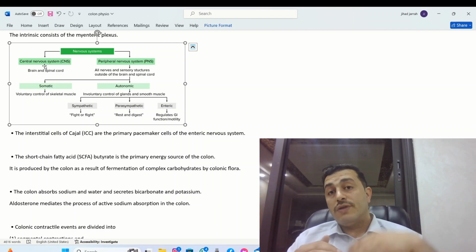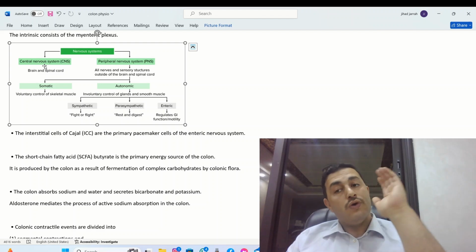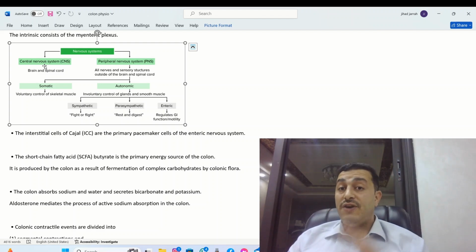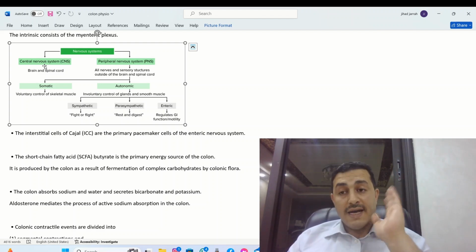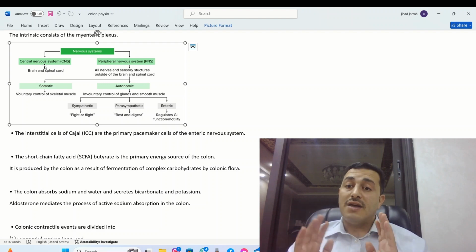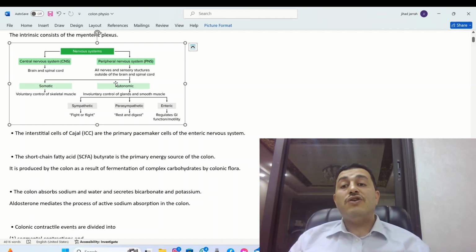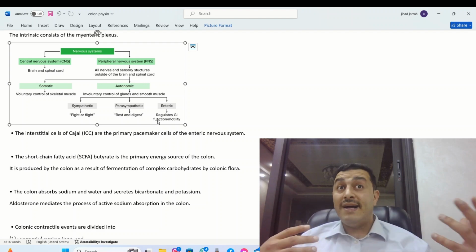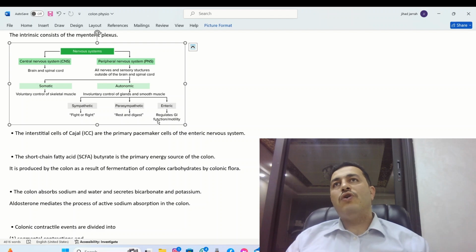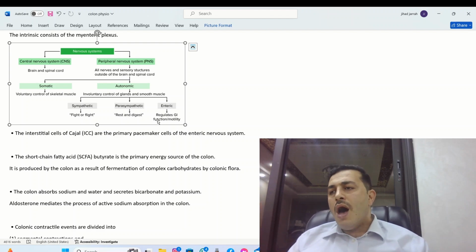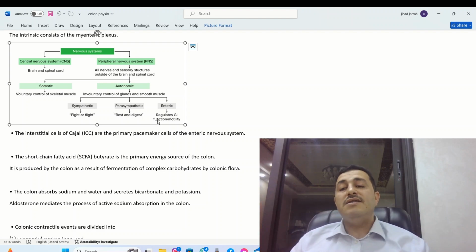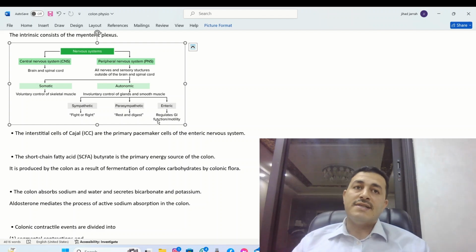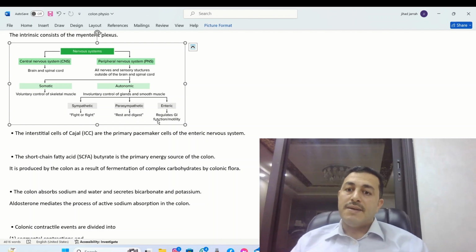If we go more distal to the anus, we know that we have somatic innervation of the skeletal muscles there. But in the colon, it is the function of the autonomic nervous system, which is divided into sympathetic, parasympathetic, and enteric. We know from university years that sympathetic is inhibitory and parasympathetic is excitatory.